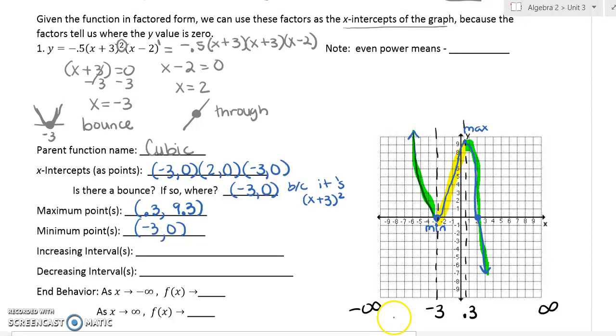So we know in this interval we are decreasing, so that is from negative infinity to negative 3. We know that in the next interval we are increasing, so that's from negative 3 to 0.3. And then from 0.3 to infinity, we are also decreasing.